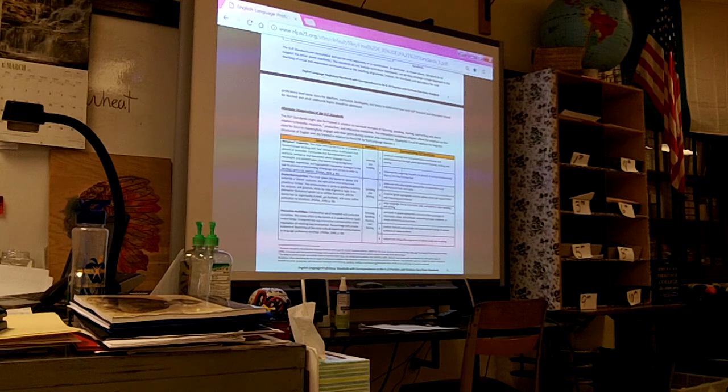Now, they've also broken down the 8 corresponding ELP standards, so how they correlate with the specific domains. So if you want the kids to do something specific, they're going to read, okay? You know you're going to be addressing ELP standard 1 and 8.